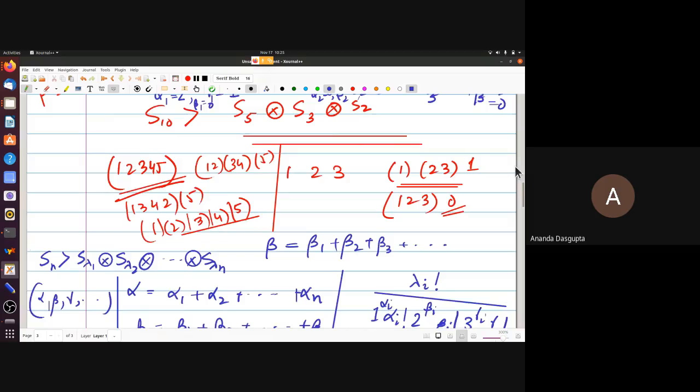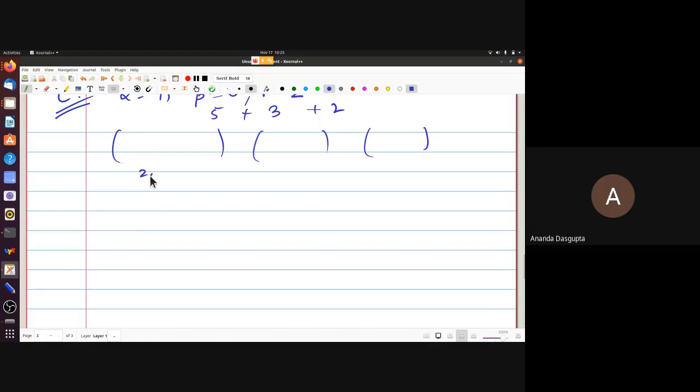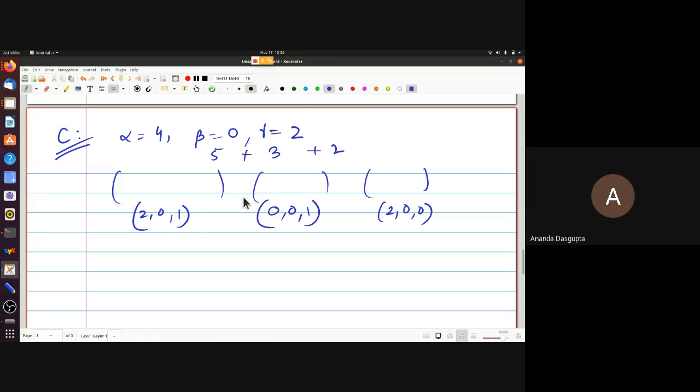In fact, what you can have only is 2, 0, 1, 0, 0, 1, and 2, 0, 0. All the alpha i's add up to 4, beta i's of course add up to 0, and gamma i's add up to 2. And this is the only way you can achieve this given this particular scenario, right? Is that okay?